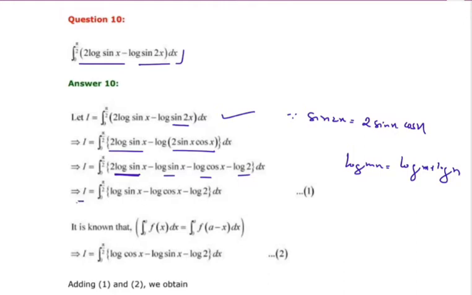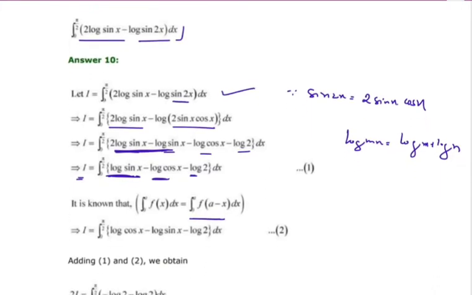So I, which is equal to the integral from 0 to pi by 2 of 2 log sin x minus log sin x, which can be written as log sin x minus log cos x minus log 2 dx, right? It is known that the integration from 0 to a of f of x dx is nothing but the integration of f of a minus x dx.